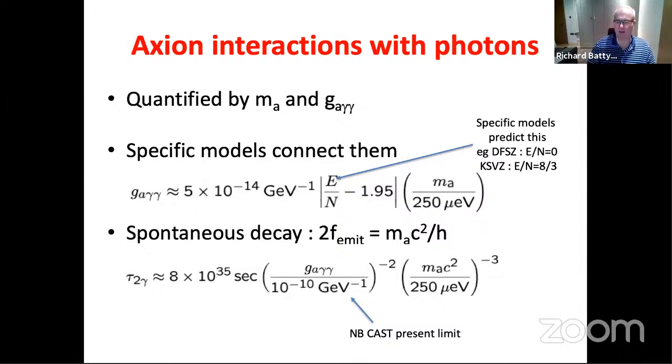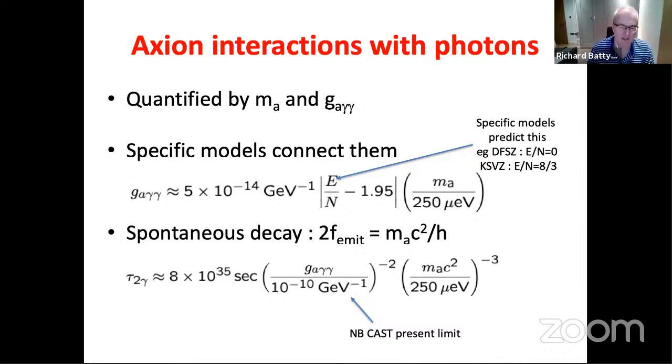The decay timescale for that, if I use 10 to the minus 10, which is the present CAST limit, and an axion mass in the middle of the string-based range, about 250 micro eV, is something like 10 to the 36 seconds. But this is very similar to the neutral hydrogen that we were just talking about, apart from the fact that the decay lifetime is about 10 to the 20 times longer.